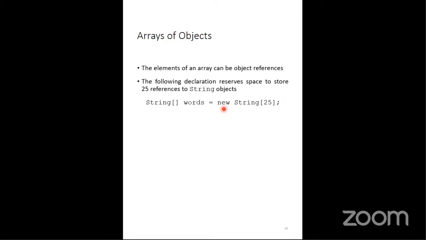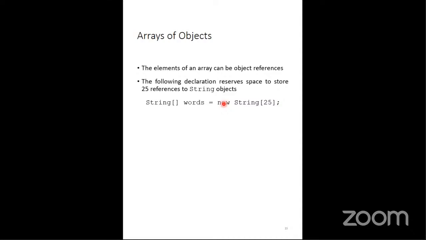So in this particular example here, I want to create an array of string objects. This statement creates the array, not string objects. How many elements are there in this array? 25 elements. 25 strings are not created. Only an array is created with the capacity of storing 25 strings. Now, if I want to create those string objects, then I have to use the new keyword again for each array element.